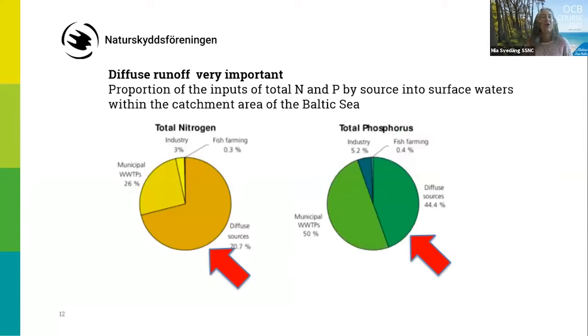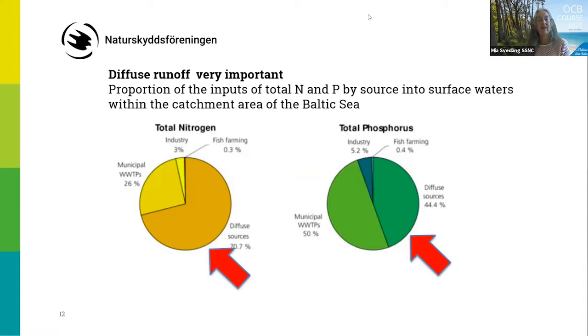Well, we have heard from Maria about diffuse runoff from agriculture, and it's a very important source of nutrients to lakes and streams. So the proportions of inputs of total nitrogen and phosphorus by sources into surface waters within the catchment areas of the Baltic Sea are mainly diffuse sources.